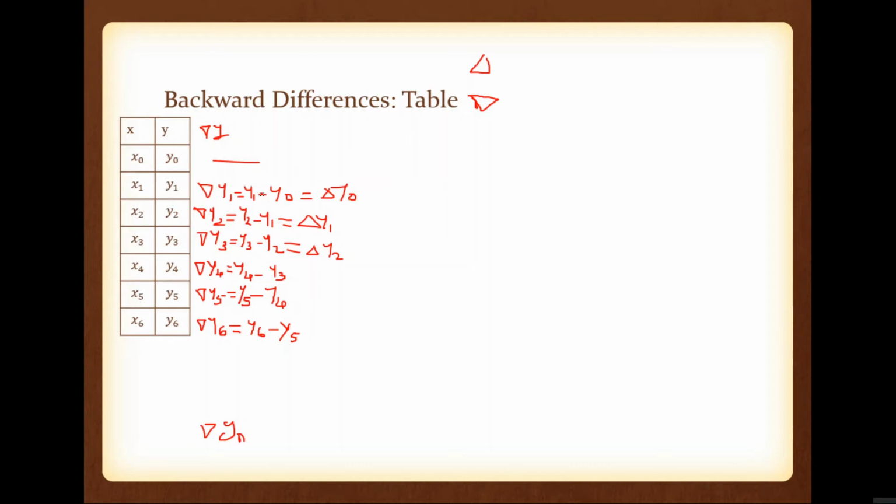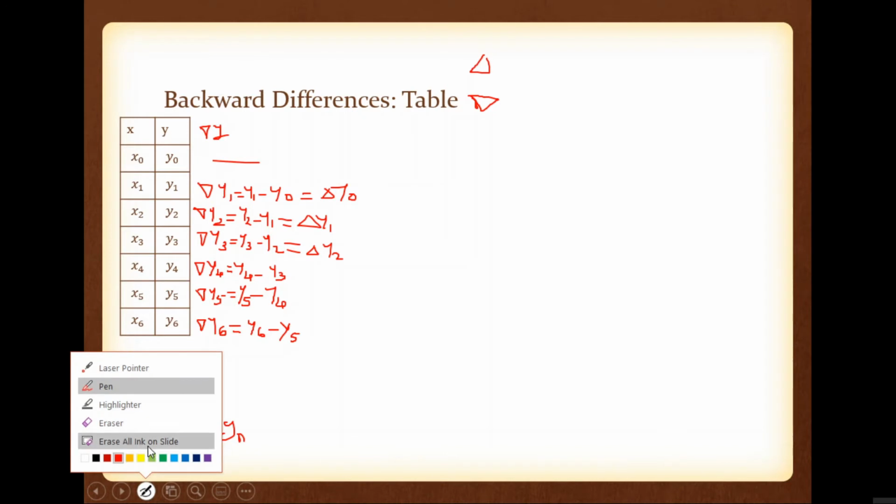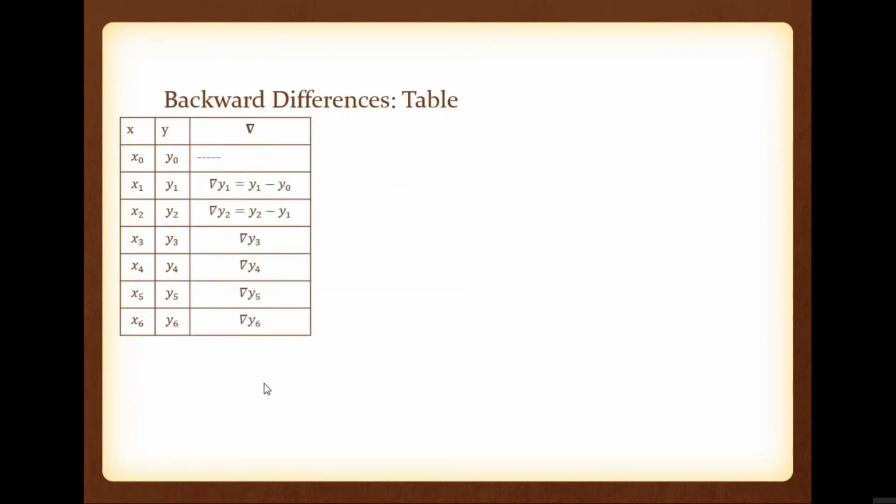The expression y1 minus y0 is del y1 or delta y0; the entry level is different. Later we need a relation between all these, and we have to derive that. So this is the del y column.